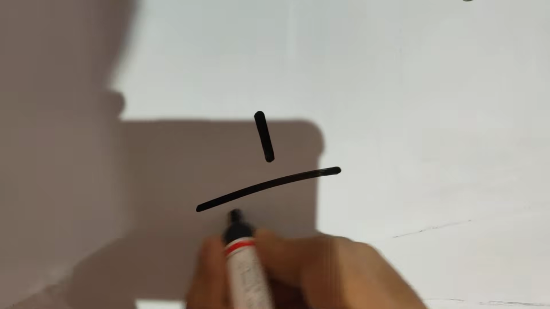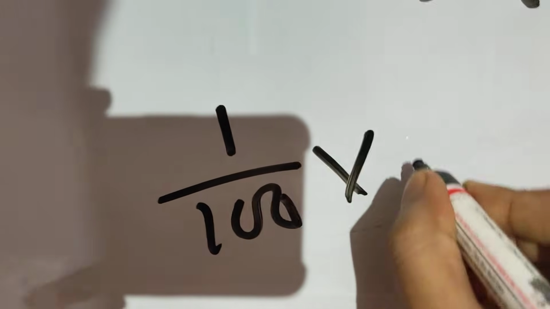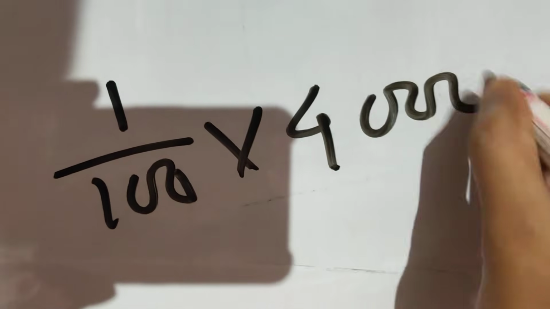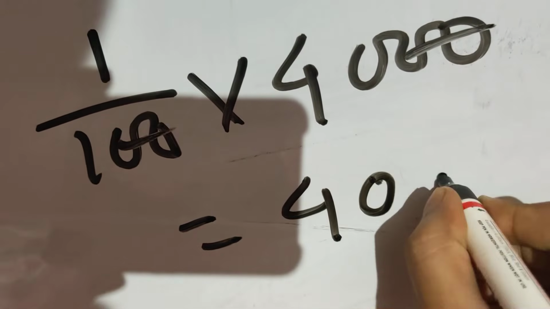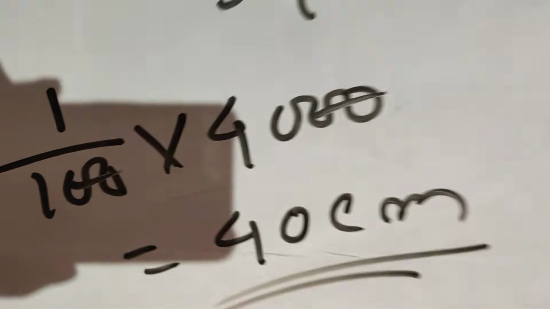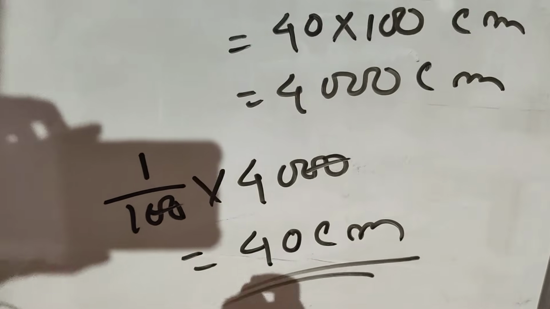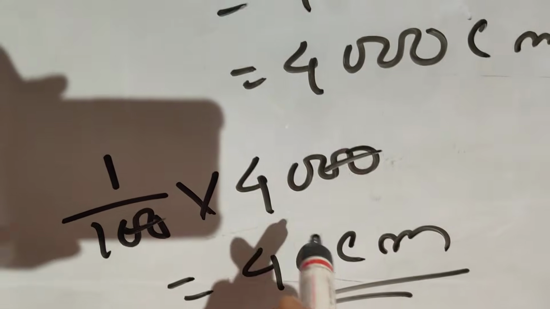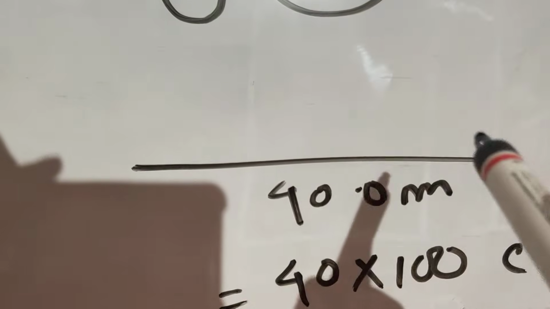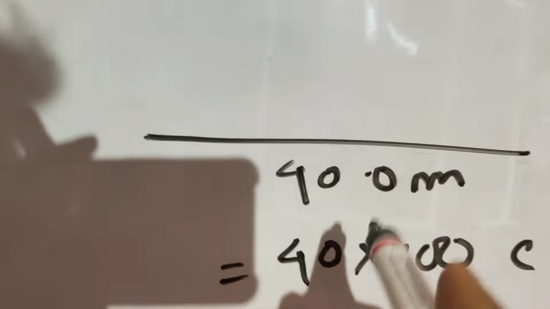If the ratio is 1:100, then it is multiplied by 4000, then the length of the line on the drawing paper will be 40 centimeter only. So the 40 centimeter length line on the drawing paper will represent this 40 meter length line on the actual ground.